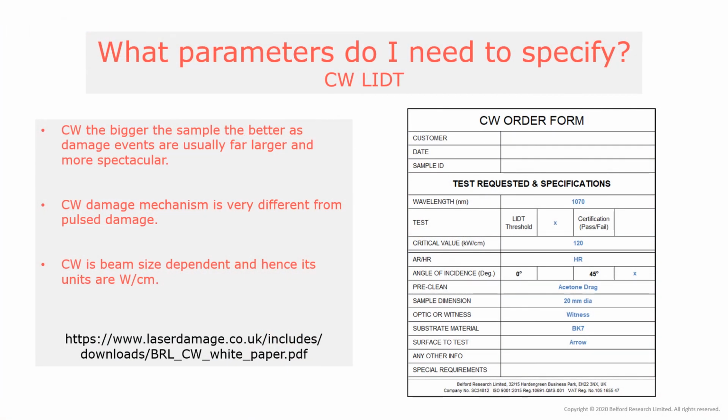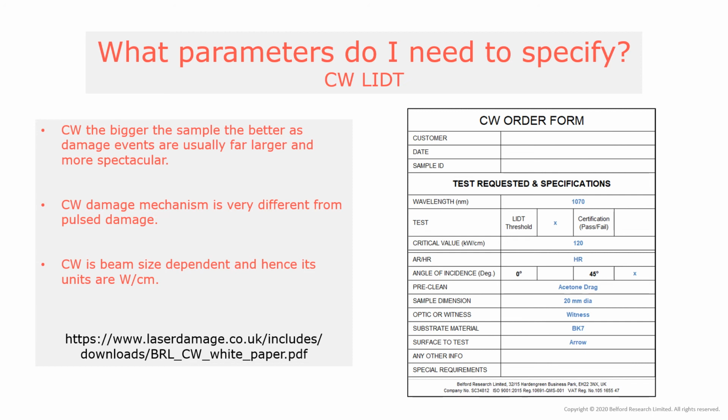Both CW and pulse tests are done to ISO standards. CW is very different from pulsed, and few people are interested in CW tests. In fact, they only account for 5% of our total. CW tests are an order of magnitude harder to perform than pulsed.